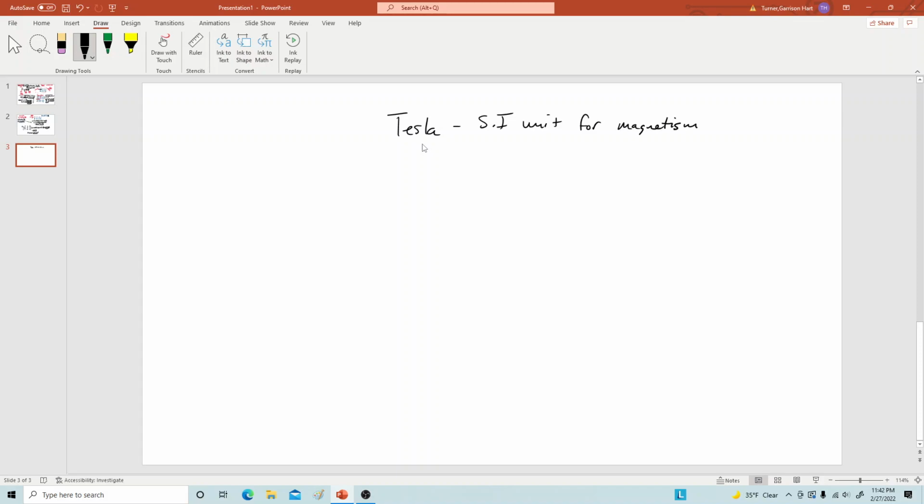You can actually get a sense of what the unit of the Tesla is just from this equation, F is equal to QVB. Now this is newtons, this is coulombs, this is meters per second, and this is Teslas. So if I solve this for B, B is equal to F over QV, which is newtons over coulombs times meters per second.